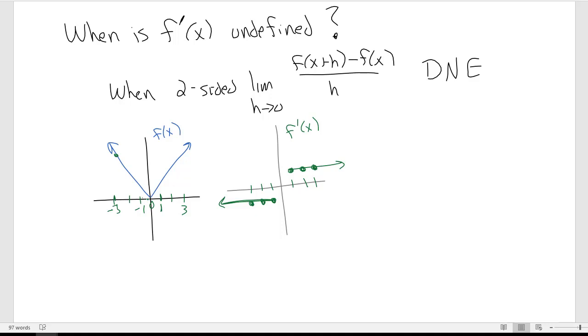All right, so as x approaches 0, all of these slopes are negative 1. So my graph is getting closer and closer to here. Ditto, as I approach 0 from the right, 0.5, 0.1, 0.01, all of these slopes are positive 1, so I'm getting to that direction.